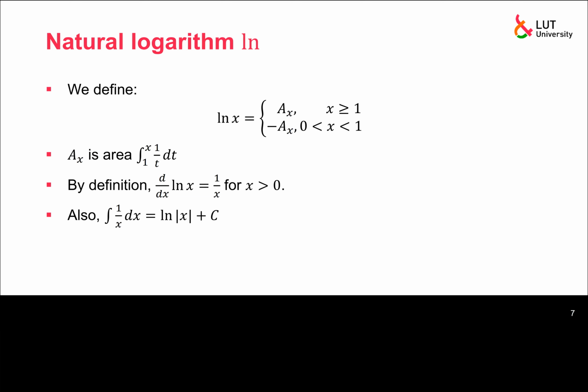So the natural logarithm has the connection to the inverse of t, and this easily gives us a derivative. By definition, when we have the integral as a definition of natural logarithm and we differentiate it, we get 1 over x as the derivative of the natural logarithm.